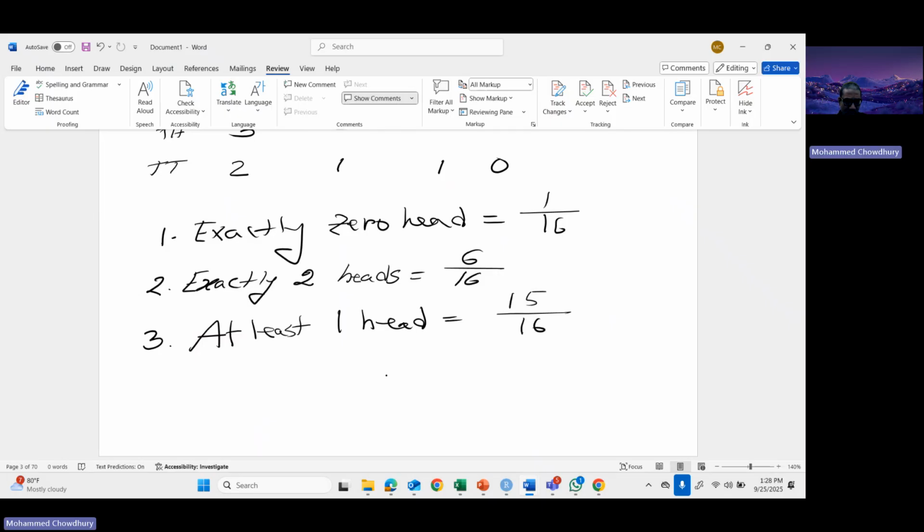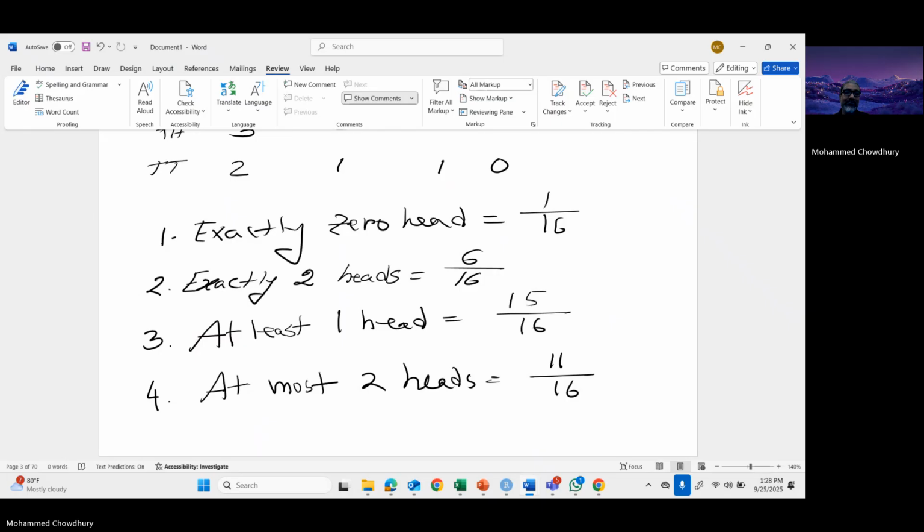And then I want to do at most 2 head. At most 2 head means 2 head, 1 head, 0 head, right? So 11 over 16, right? Are you sure? Yes. At most 2 head. Clear, right?